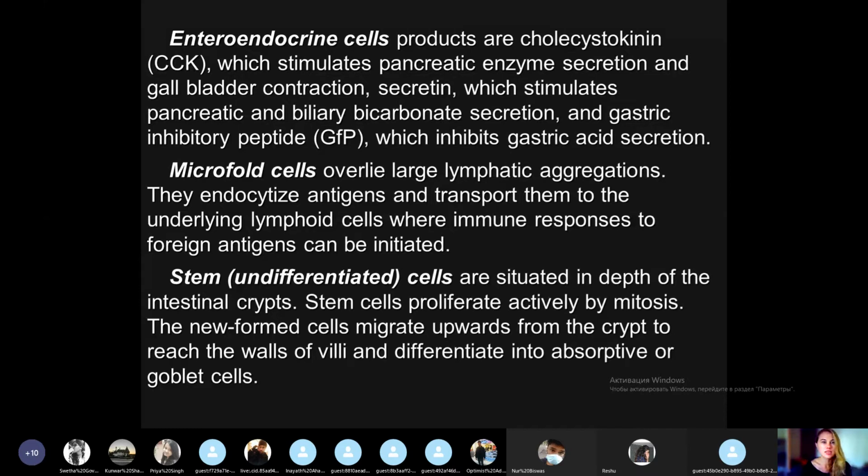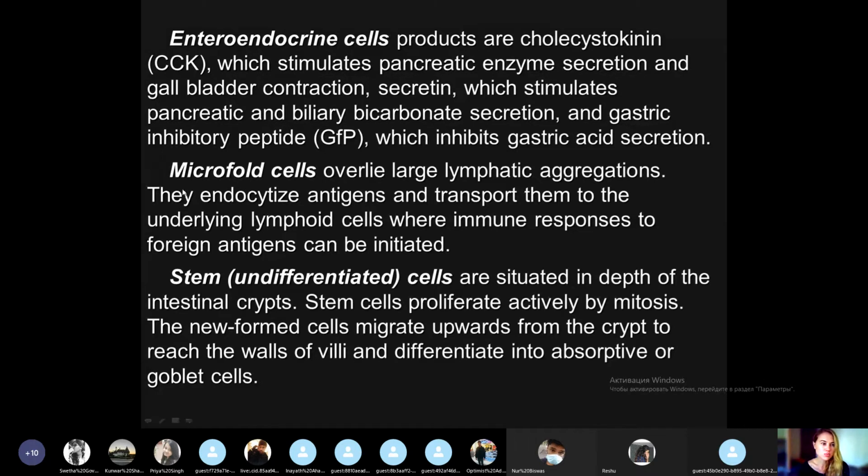Thus we can say that they regulate secretion of the pancreatic enzymes, and as a result, provide an important role for the digestion of the chyme in the small intestine.